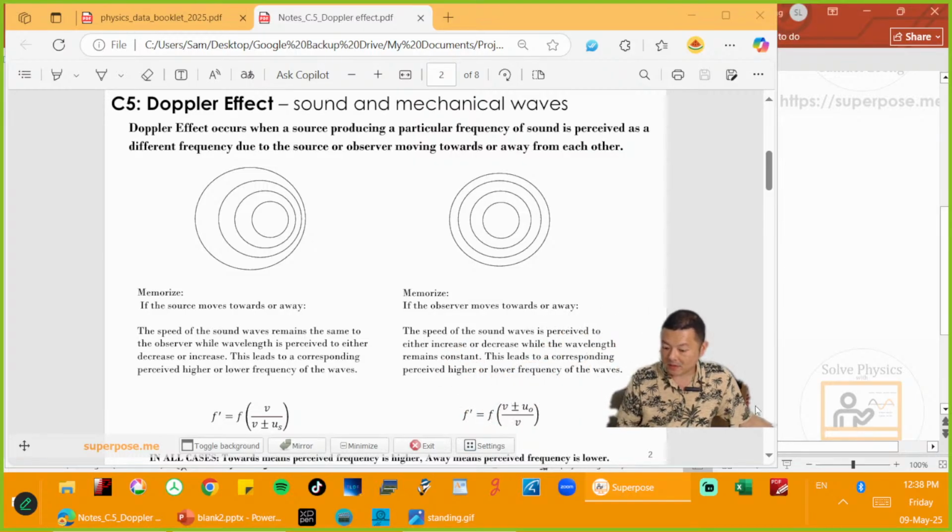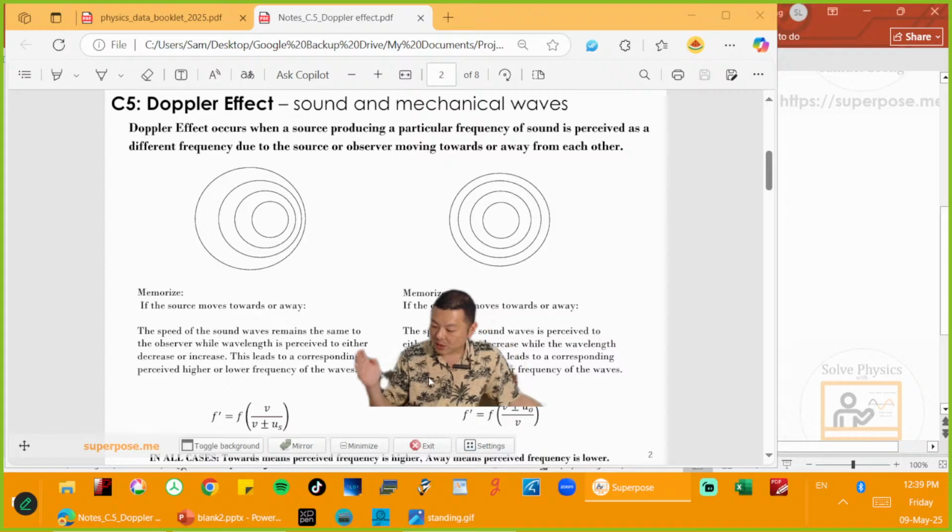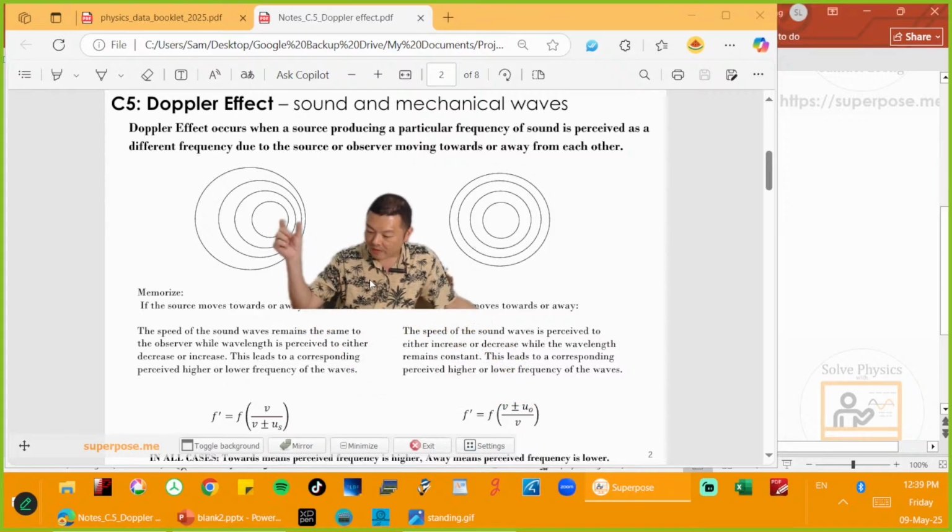Okay, so that's another question on its own. If you were asking how come it changes sometimes and how come it doesn't change, this is the reason why. When the source is moving, the wavelength seems to change, because you look at these circles here.